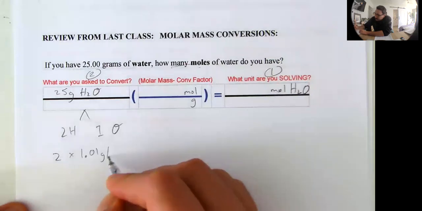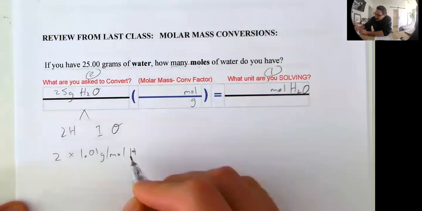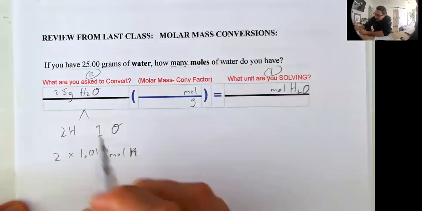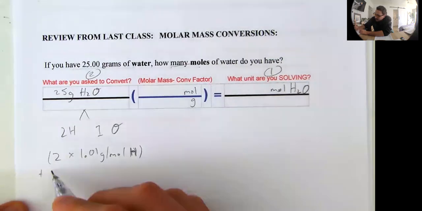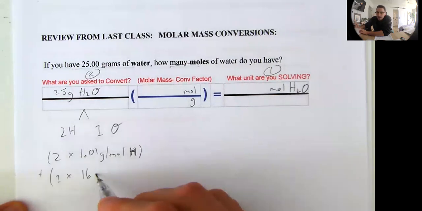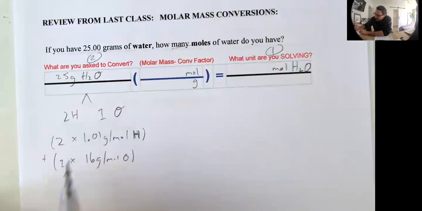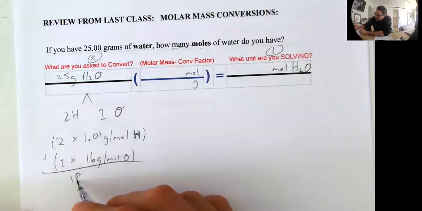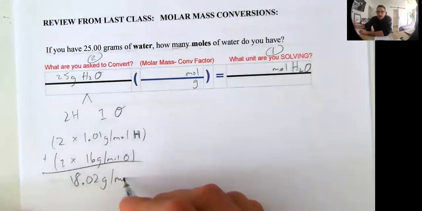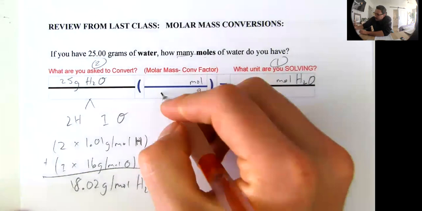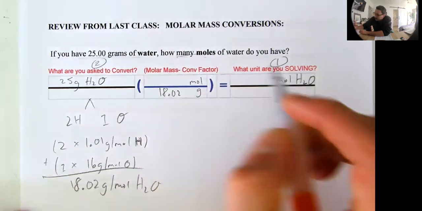The molar masses of each of the elements are found on the periodic tables. Then we add that to 1 times the molar mass of oxygen on the periodic table. And that equals the molar mass of our molecule. By now you should start memorizing that the molar mass for water is 18.02 grams per 1 mole. So we put the 18.02 right here and the 1 mole on top.